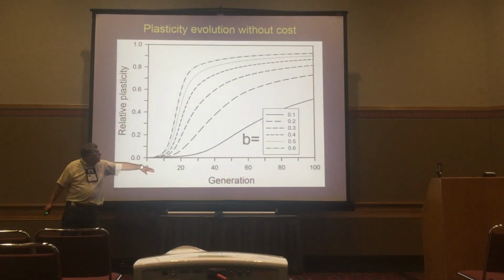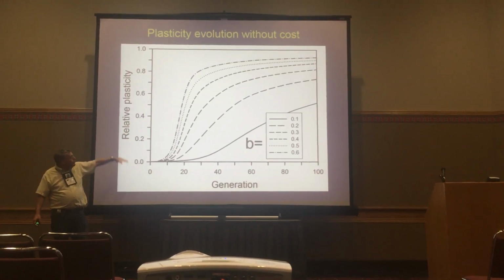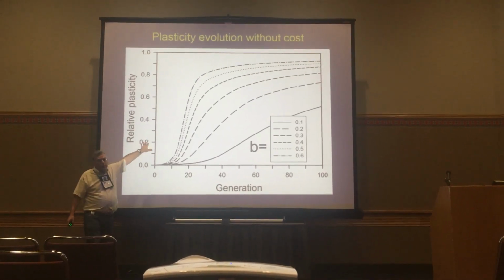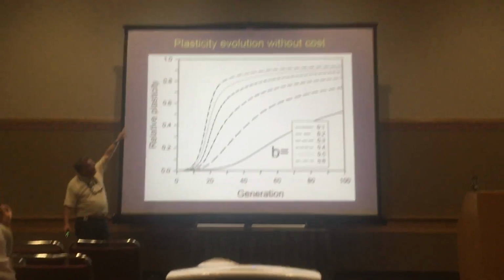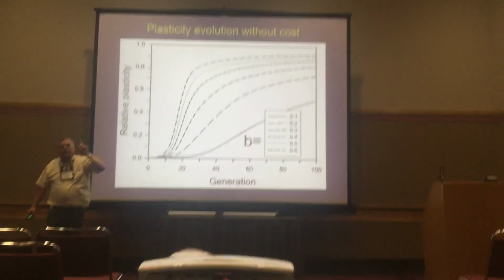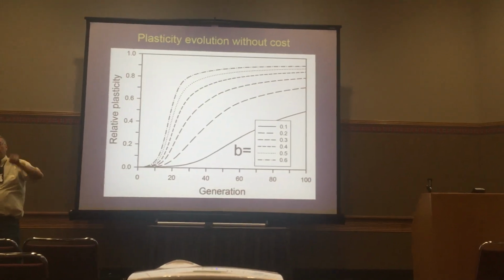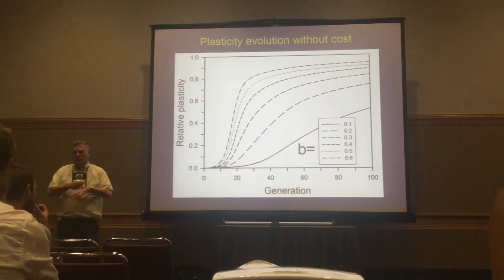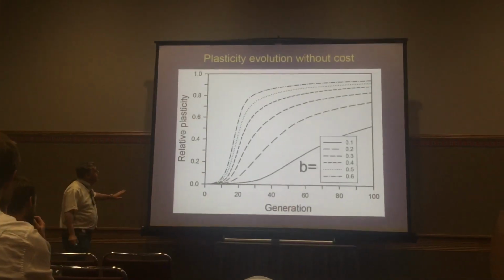Again, over that same 100 generations, here's what's happening to plasticity itself. So plasticity here is relative to the optimal. So if the population is at relative plasticity of 1, it means that it's exactly matching the optimal phenotype through plasticity alone, without any help from those non-plastic alleles.